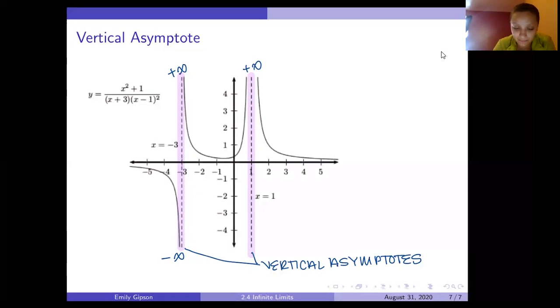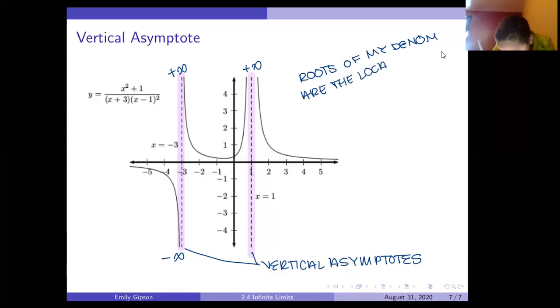So let me write that down. And that is all you need to know to close out section 2.3.